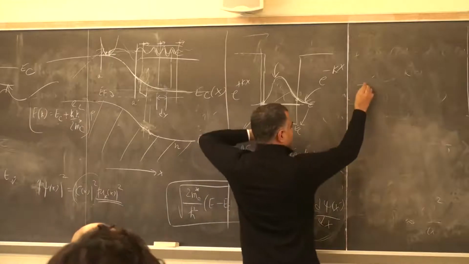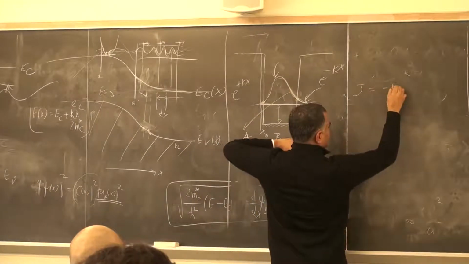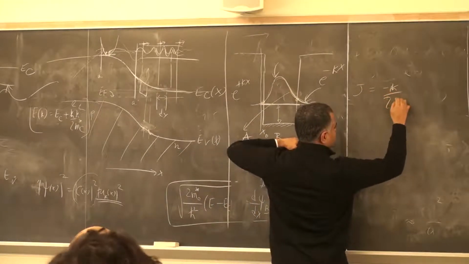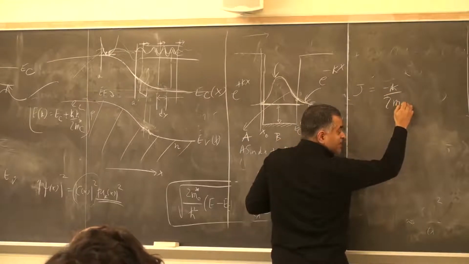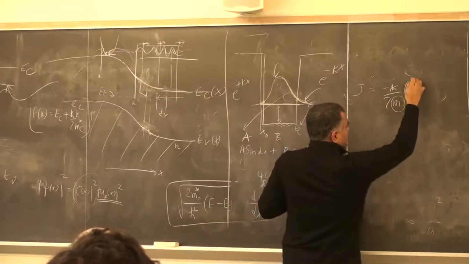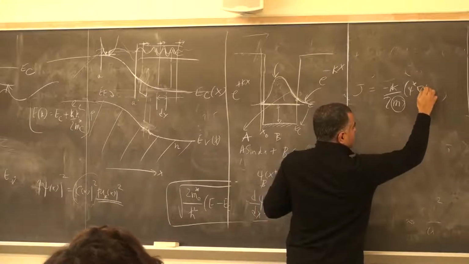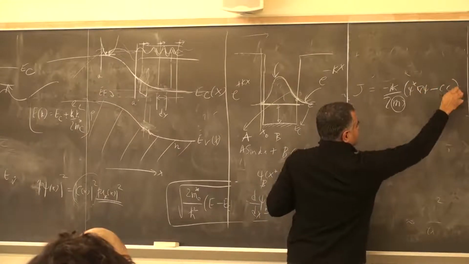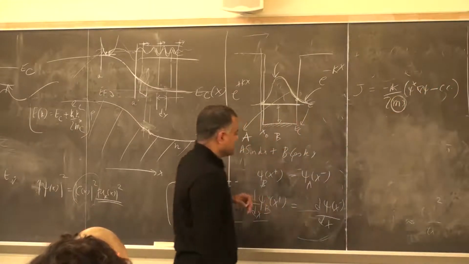But in the effective mass picture, just to be clear, the expression for current has a mass in the denominator, times psi star grad psi minus complex conjugate.